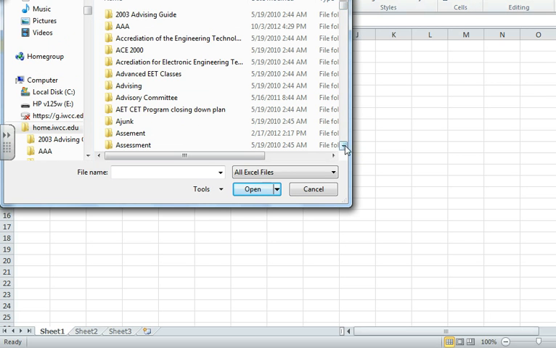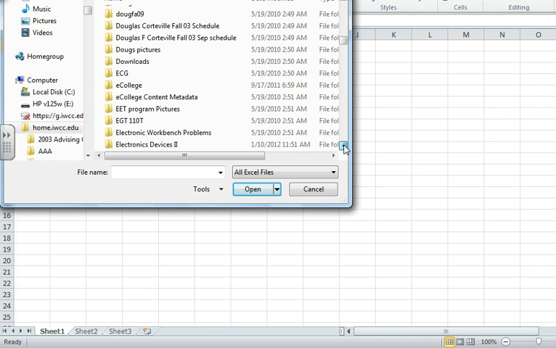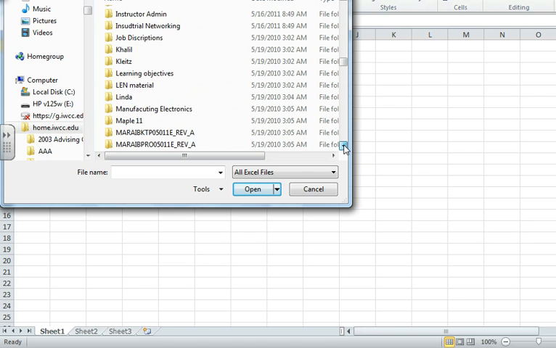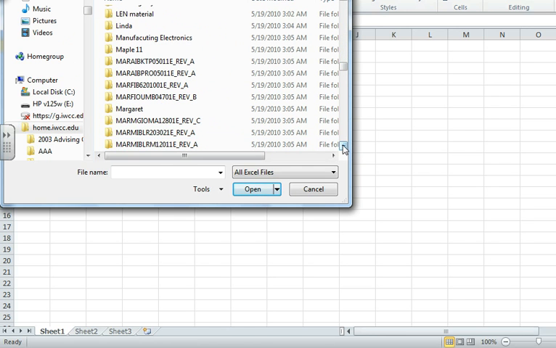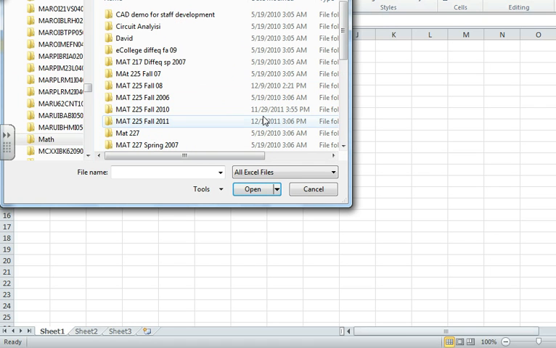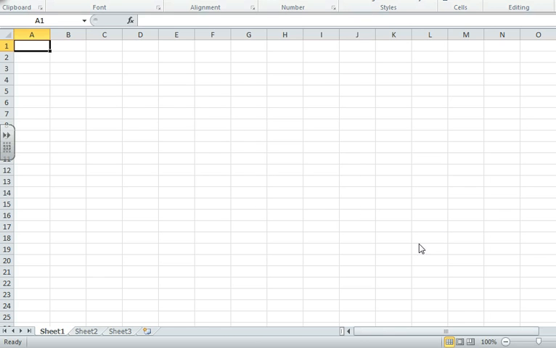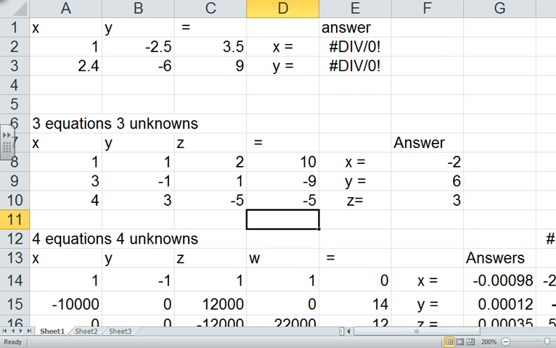I wonder where it's going to be. It's probably under math. You think it's going to be under math? That'd be the good spot to go first. Math. And seeing that it's an Excel spreadsheet, oh, look at that. 2 equations to 3 equations. Yep, there we go. There we are.